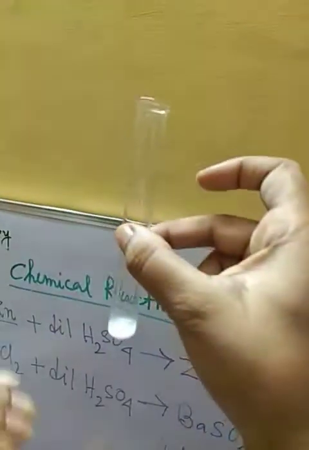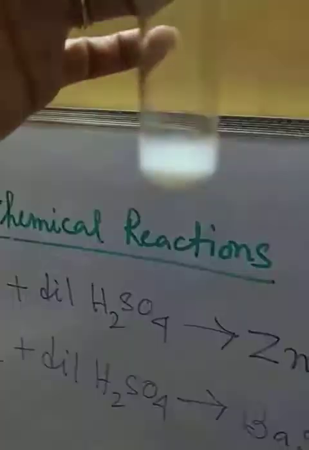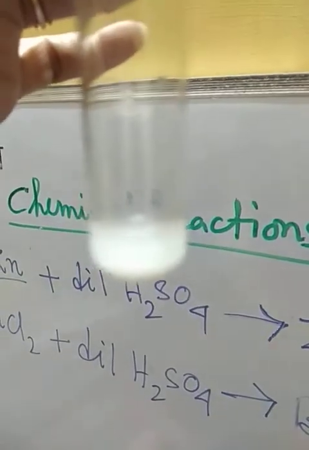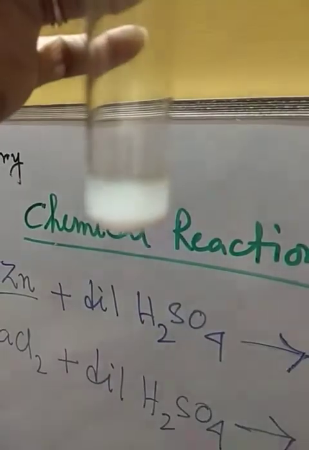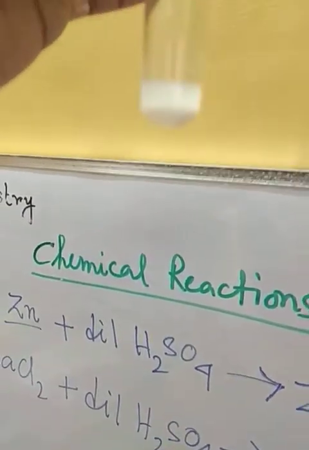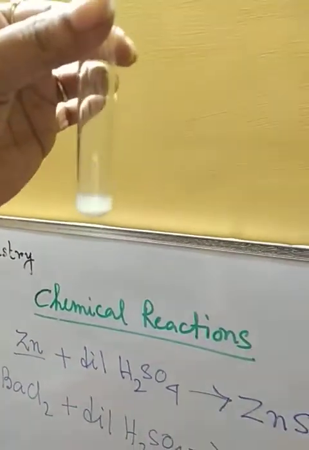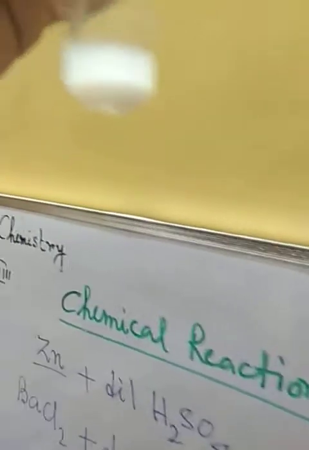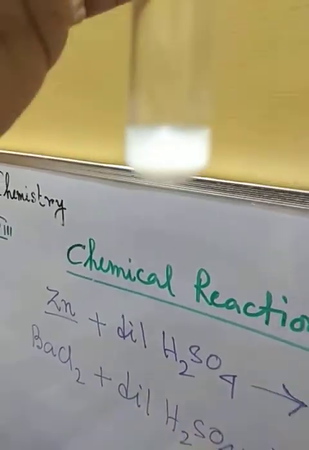As it has settled down, that's why we use this downward arrow to show the precipitation. It's clearly visible. Two layers are there: the upper layer, the watery part, and the lower layer, the precipitation, the white solid.